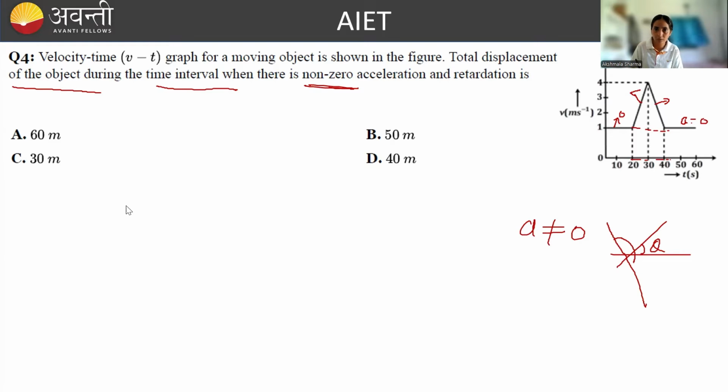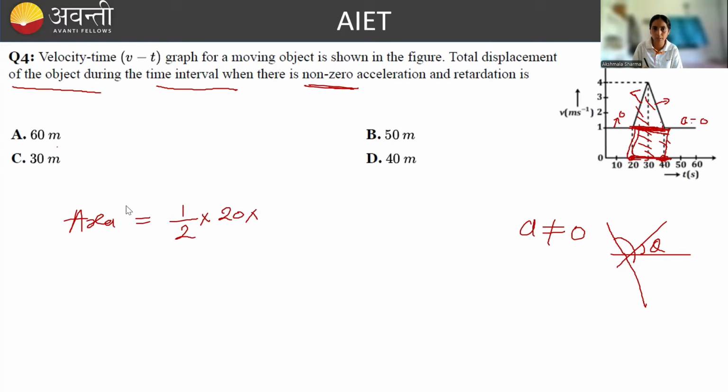So area under the curve from time 20 second to 40 second. That area will be this whole, right? It consists of a triangle up to this part, and then there is some rectangular portion like this. So if you want to find the total area, then area of triangle is half, base is how much? 40 minus 20, that is 20.